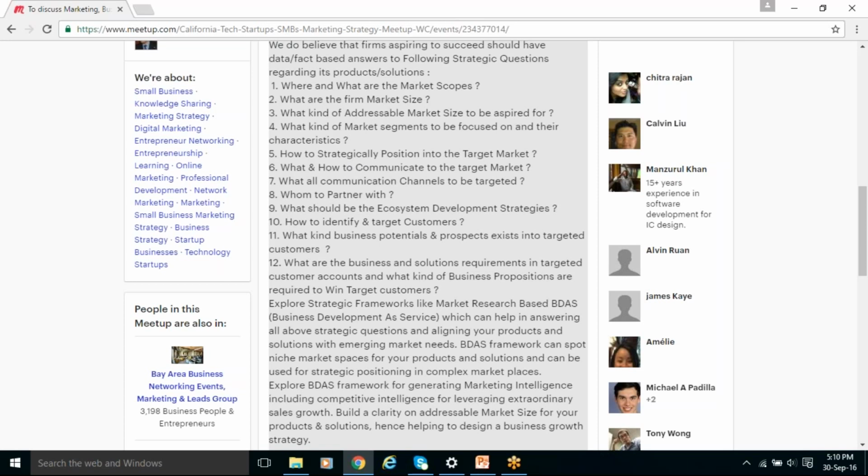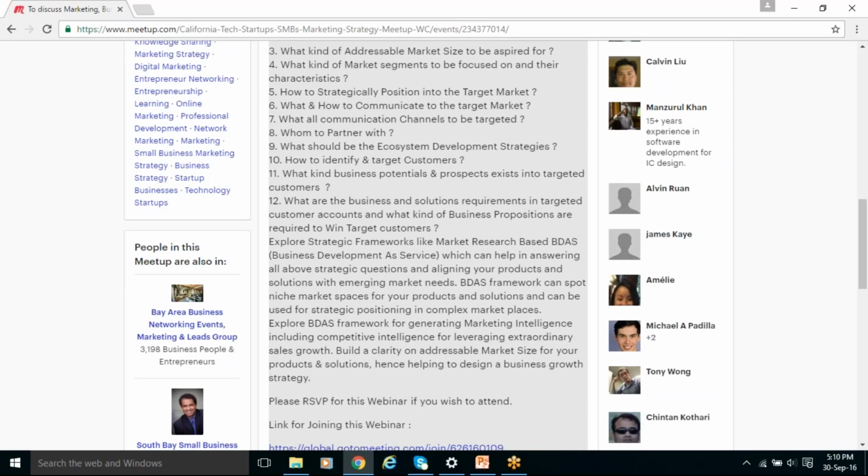And then once you have the entire clarity about your ecosystem, it comes to whom to partner with and how to develop the further ecosystem, and then what kind of prospects exist and what kind of customer segments. Some of the products and solutions are very B2B, and they need to be customized as per the customer needs.